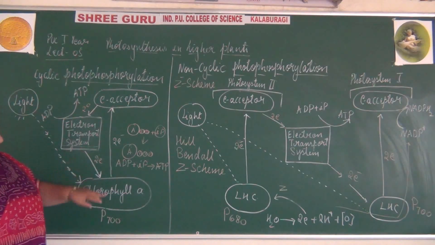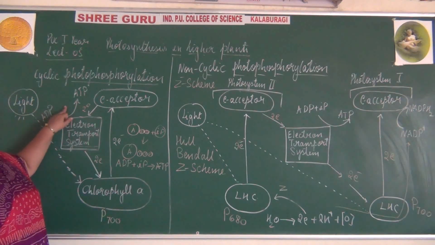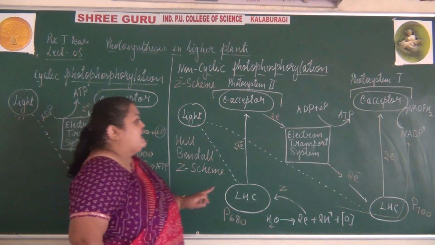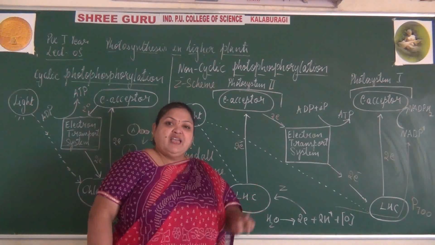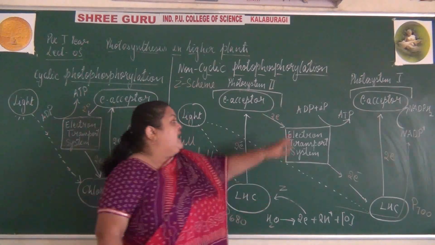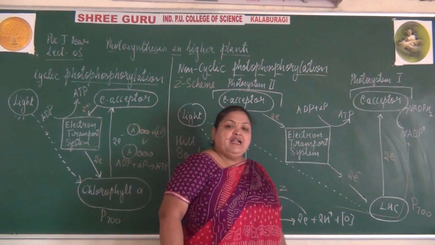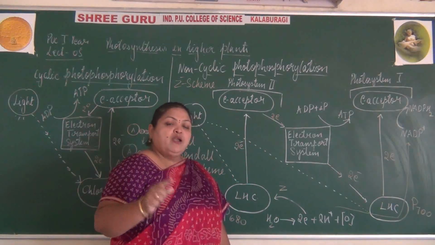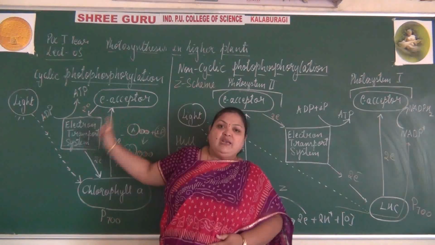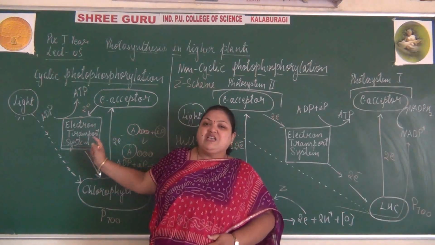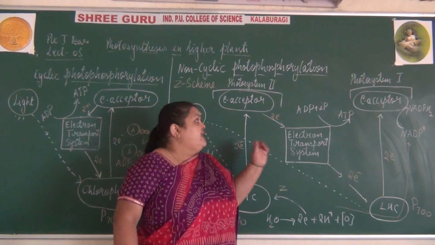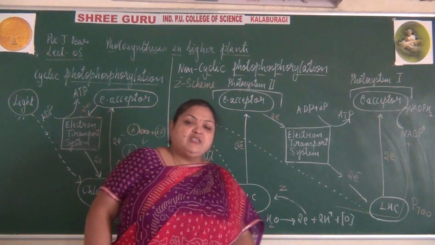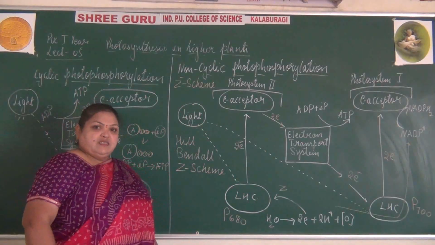The third point is that there is synthesis of only ATP molecules, while in non-cyclic photophosphorylation, there is synthesis of both ATP and NADPH molecules. So the third point is what? In cyclic, only ATP molecules are synthesized, while in non-cyclic, both ATP and NADPH molecules are synthesized.